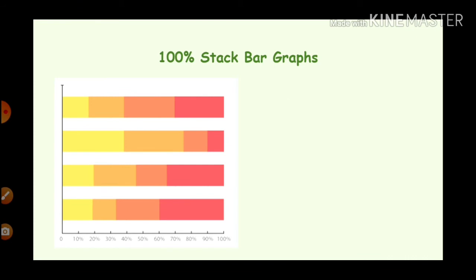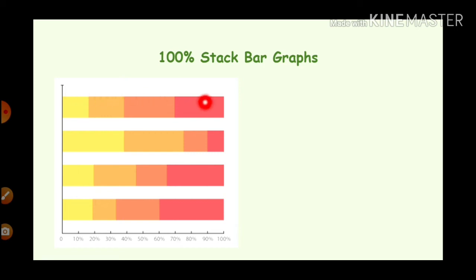Okay, then let's have a look at the 100% stacked bar graph. First of all, have a look at it. What do you see? Yes, all the bars have the same height, right? And at the bottom, what do you see? Instead of numbers, it's in percentages.